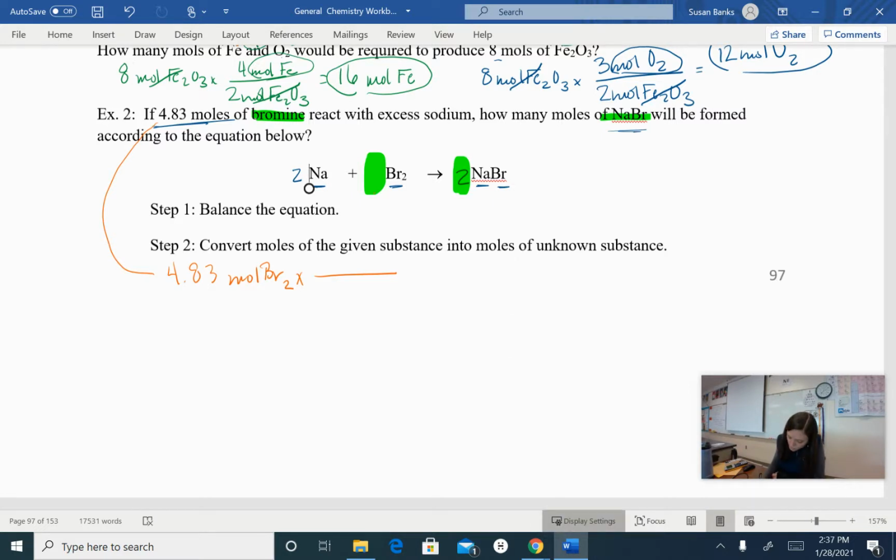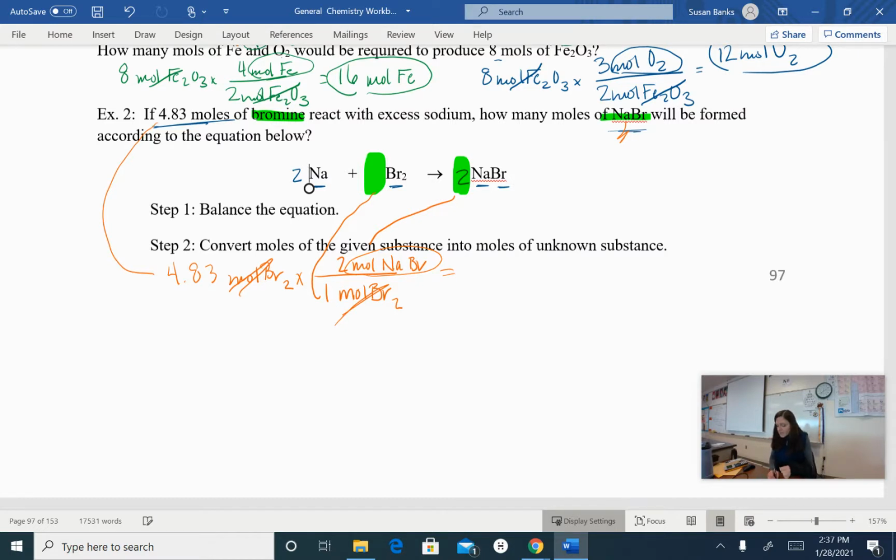So I have 1 mole, right? Because a 1 is implied if it's not there. 1 mole of bromine reacting to give me 2 moles of sodium bromide. Okay? So this is what I'm asking for. My moles of bromine cancel. Okay? So I'm left with moles of sodium bromide, which is what I want.